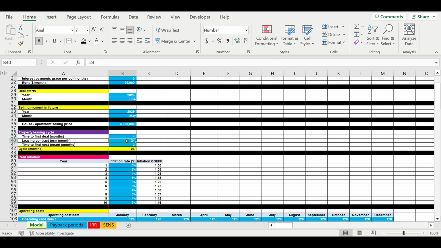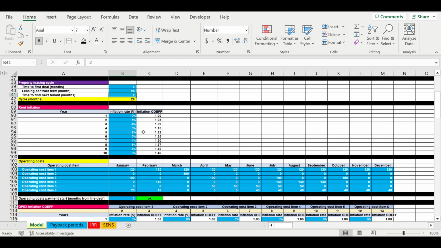Then we specify what will be the leasing term, the contract, how many months the tenant will be paying us. Then we assume that after the end of this contract, the tenant will drop, and we will need, for example, 2 months to find a new tenant, and during these 2 months we won't be having revenues, so that's why we need to add this parameter to the inputs.